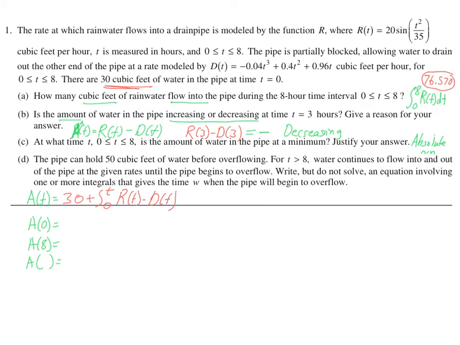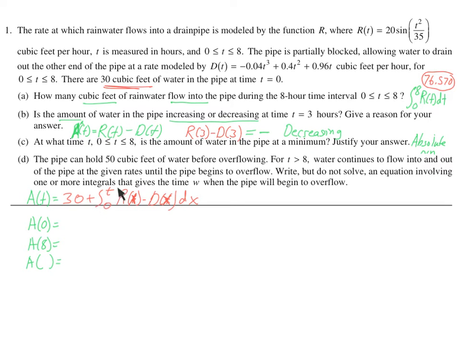Oh, I'm going to make these x's because they have to be different variables. Do you see why? If I'm putting a t here, the result is going to have a t, so I kind of mess with the letters. These x's are going to become t's. And that right there is my amount function.